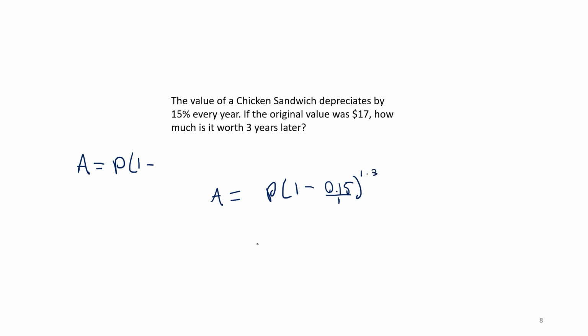We can simplify this inside part and plug in our numbers. We have 17 times 0.85 raised to the third, and that is going to equal $10.44. So depreciation is kind of similar. You just need to keep in mind that you are subtracting instead of adding.